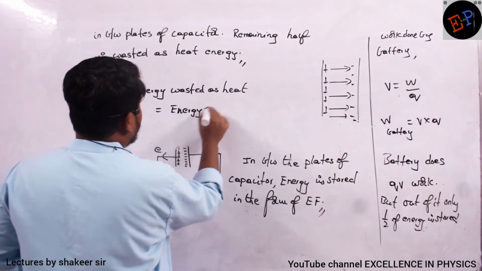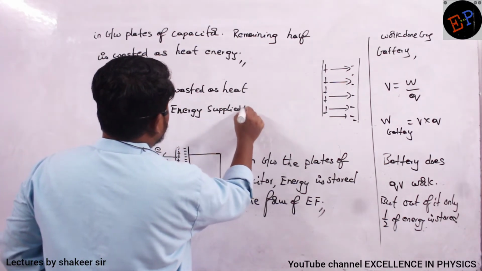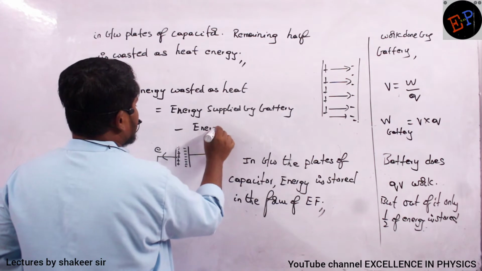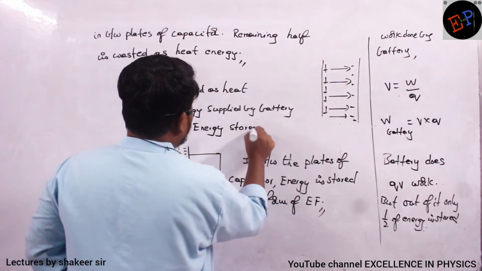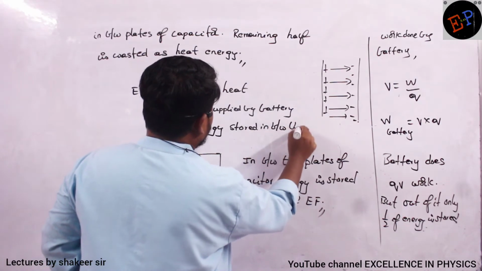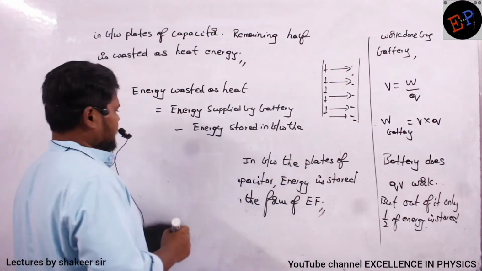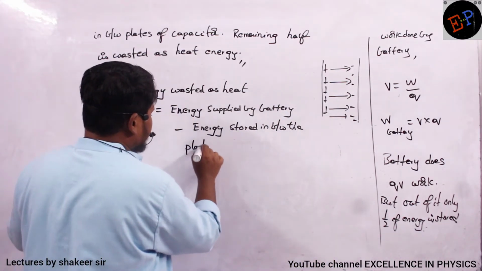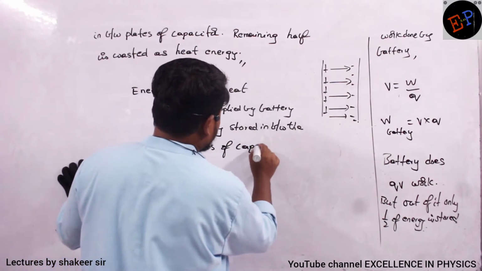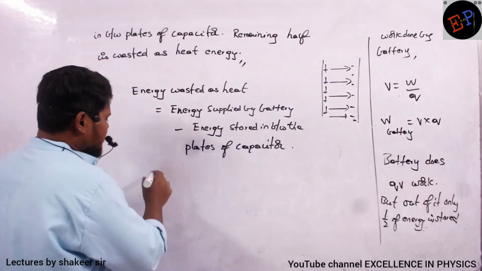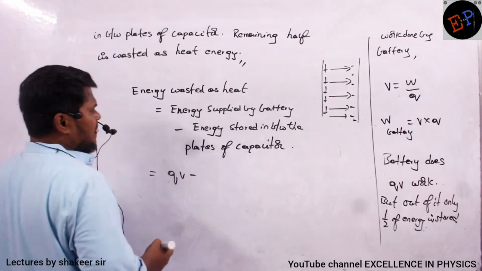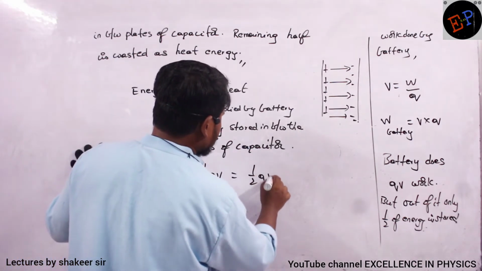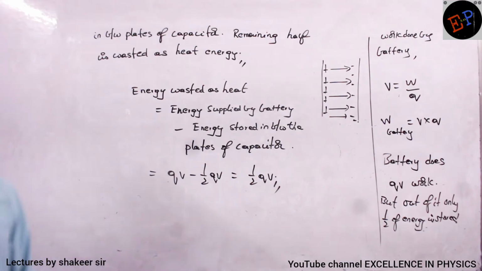Energy supplied by the battery minus energy stored between the plates of the capacitor. Energy supplied by the battery is how much? QV. And energy stored is how much? Half QV. Therefore, energy wasted as heat energy is half QV. That's it. Are you able to understand?